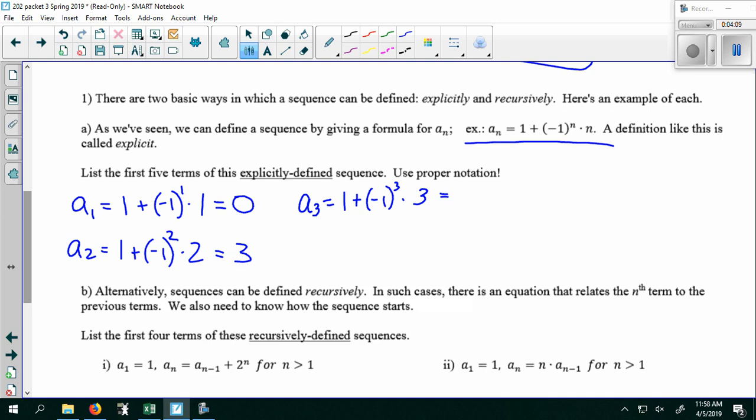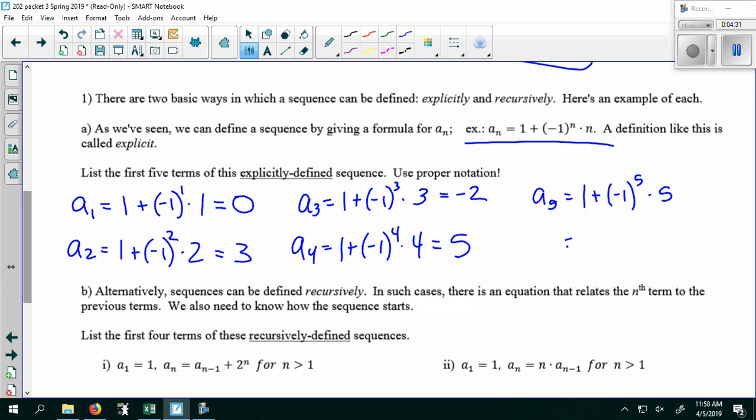Negative 1 cubed is negative 1. Negative 1 times 3 is negative 3, plus 1 is negative 2. A sub 4 is 1 plus negative 1 to the 4th times 4. So that is 4 plus 1 is 5. And finally, a sub 5 is 1 plus negative 1 to the 5th times 5. So that's negative 5 plus 1 is negative 4.